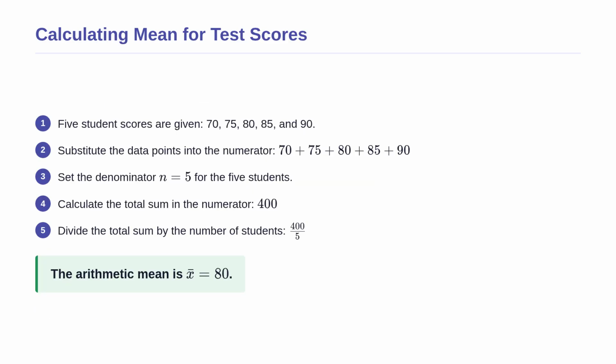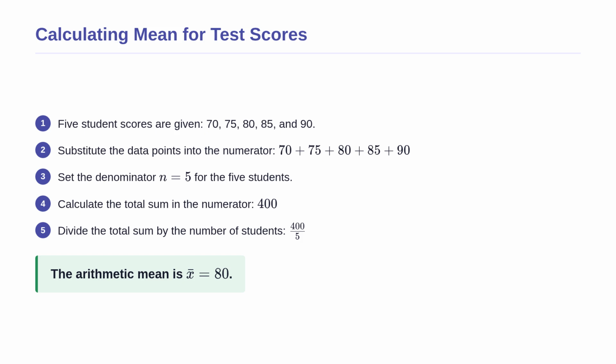Before we move on to more complex tools, let us see this formula in action with a concrete example. Suppose you are studying a new teaching method and test a sample of 5 students. Their scores are 70, 75, 80, 85, and 90. We need to find the average score.